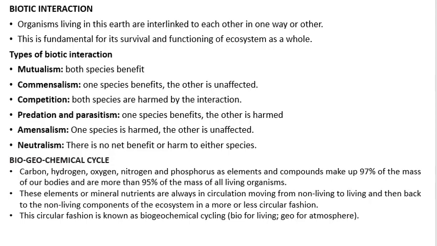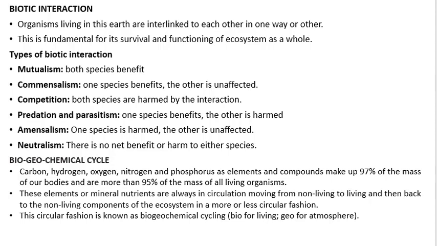Our next topic is biogeochemical cycles. As we all know, carbon, hydrogen, oxygen, nitrogen and phosphorus as elements and compounds make up about 97% of the mass of our bodies and are more than 95% of the mass of all living organisms.